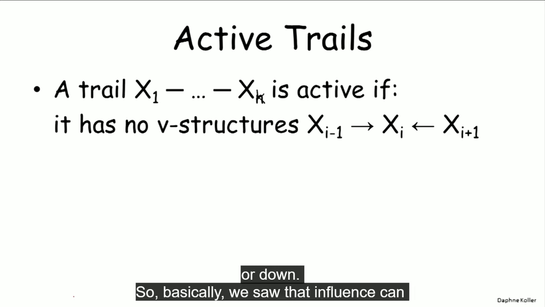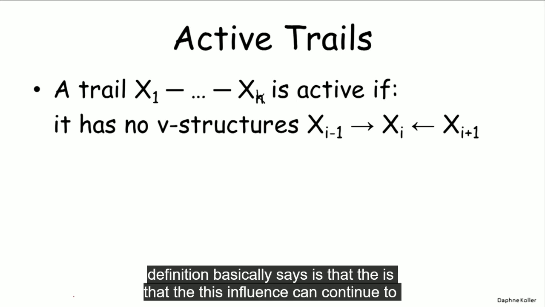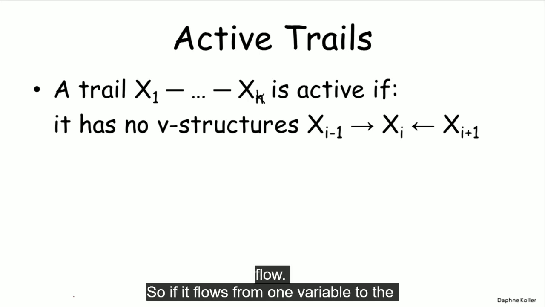So basically we saw that influence can flow from one variable to another variable in the graph. And what this definition basically says is that this influence can continue to flow.